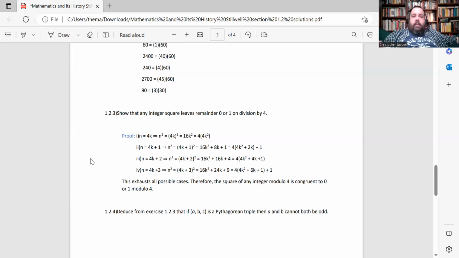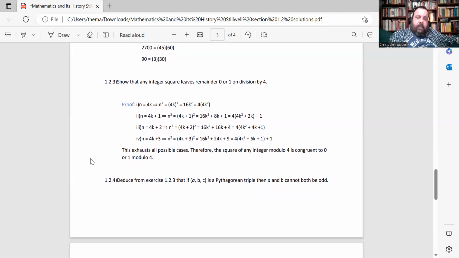So when you square an integer, the square will either be congruent to 0 mod 4, meaning when you divide by 4, it'll have a remainder 0, or it'll be congruent to 1 mod 4, meaning when you divide the square by 4, you get a remainder of 1. Okay, that'll be important for the next question. So that's the answer for question 3.